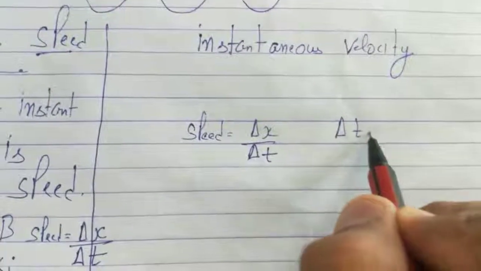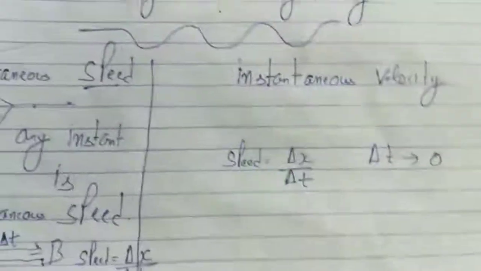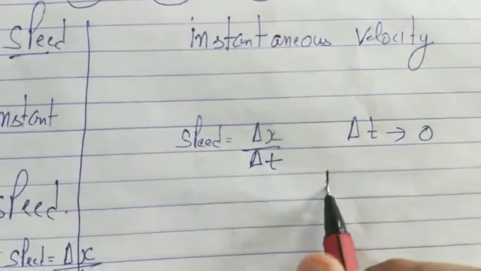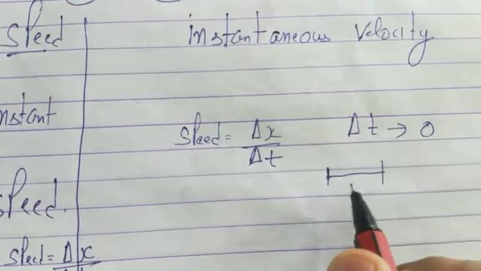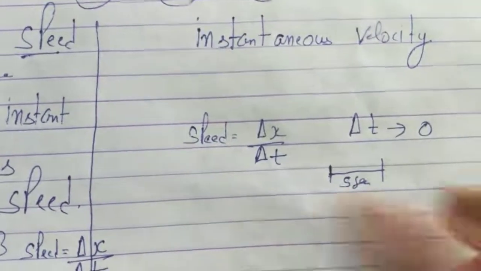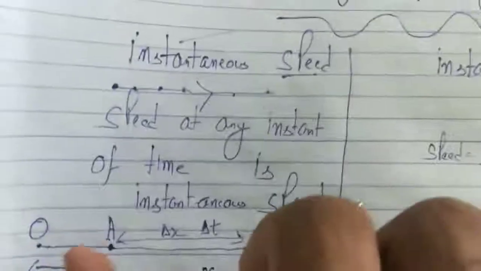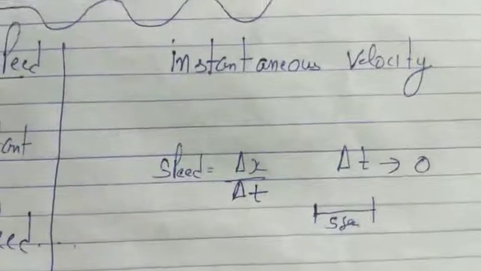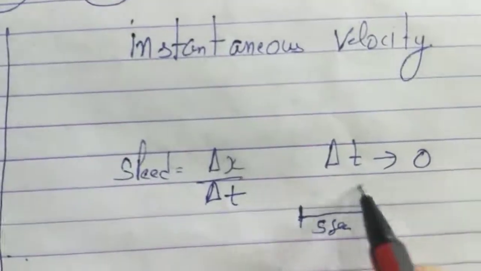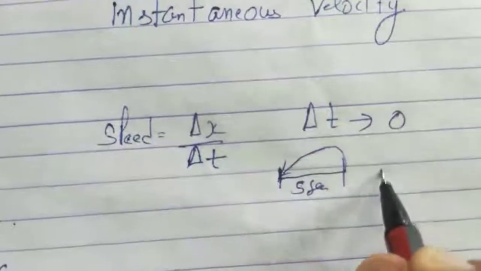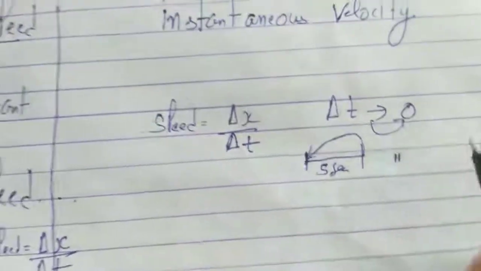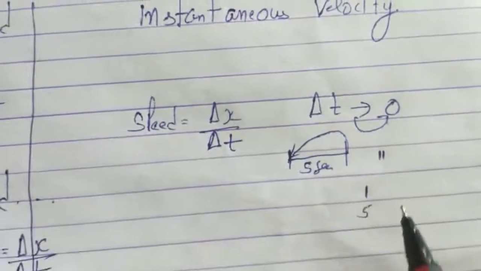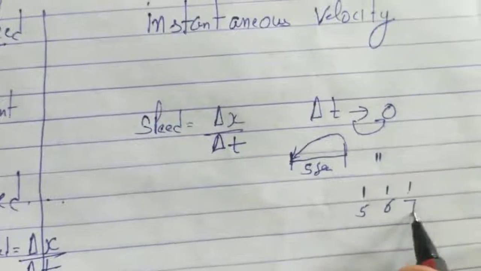Suppose limit delta t tends to 0. What does this mean? Suppose delta t is an interval of time, say 5 seconds. Suppose this delta t is very short, approximately near to 0. That means it will have only one value, like 5 seconds or 6 seconds or 7 seconds.